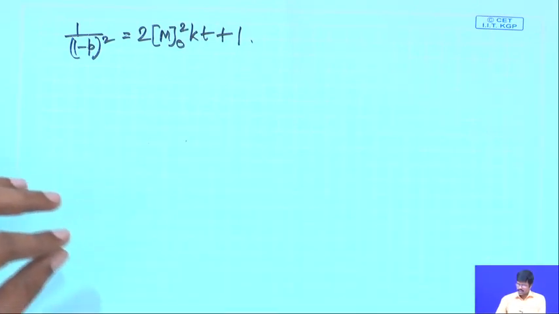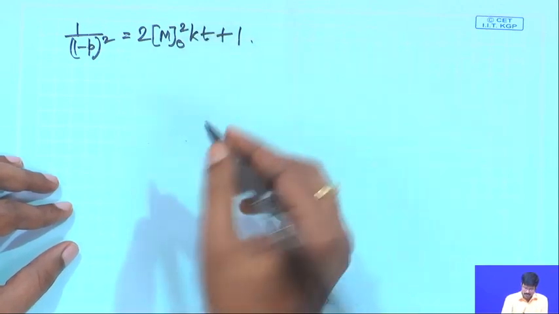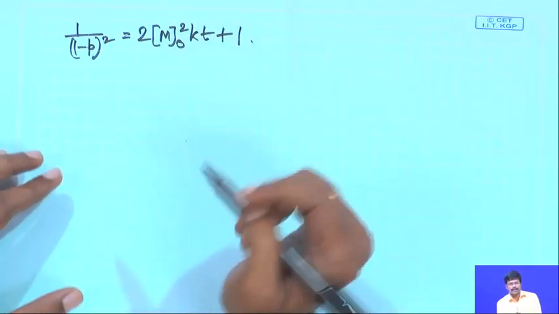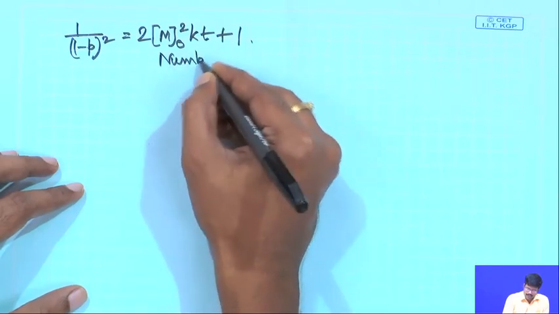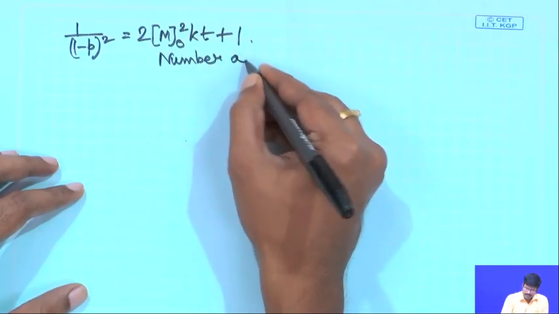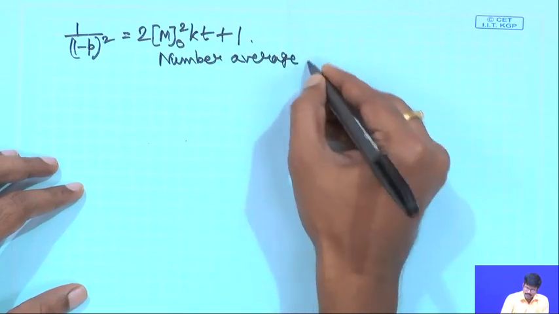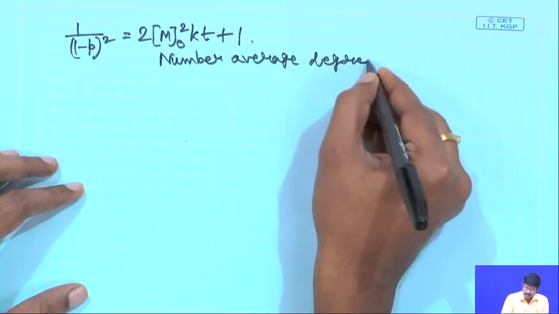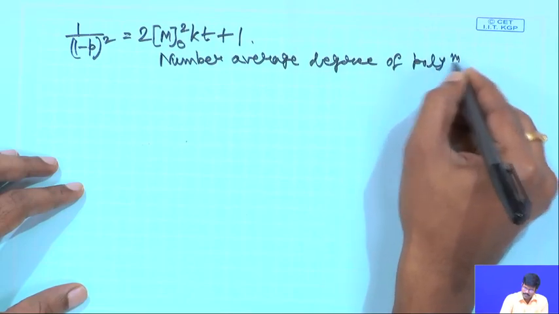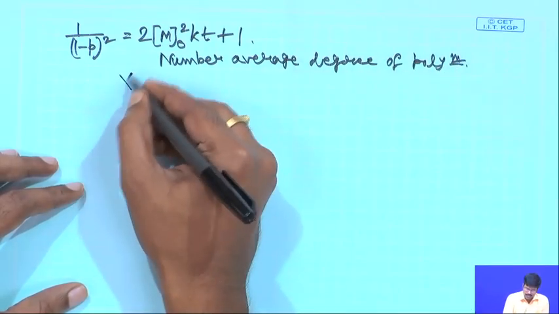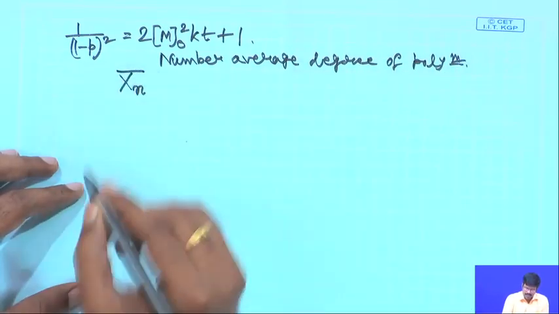Now, it is time to introduce another concept which is very important for our analysis here: number average degree of polymerization, which is denoted by Xn bar.